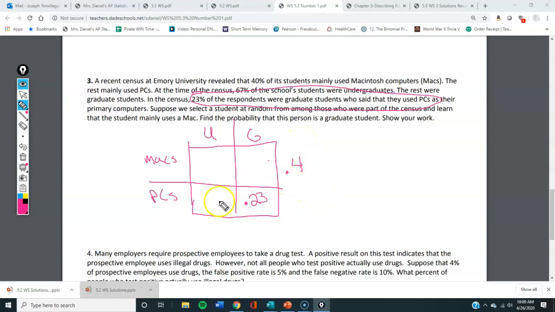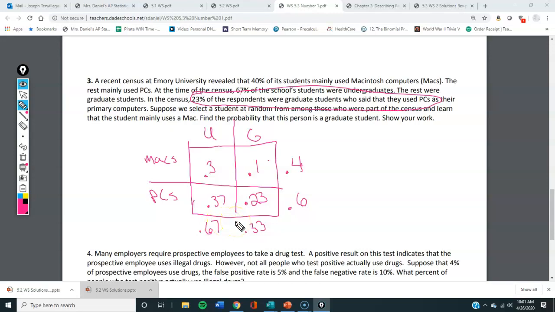Which means these two have to add up to 0.6, because they have to add up to 100. 67% were undergrad, so 0.67 goes here, which means 0.33 goes here. So if this is 0.33 and this is 0.23, this has to be 0.1 because they have to add up to 0.33. This one has to be 0.3 because 0.3 plus 0.1 is 0.4. And lastly, this one has to be 0.37 because they have to add up to 0.67.